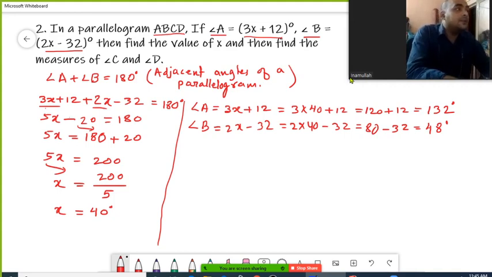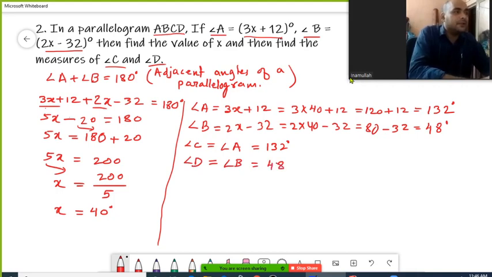Now it's time to find out angle C and angle D. Here I can say angle C is same as angle A and each is of 132 degrees because they are opposite angles. And angle D is actually same as angle B because they are also opposite angle. So each will be of 48 degrees.